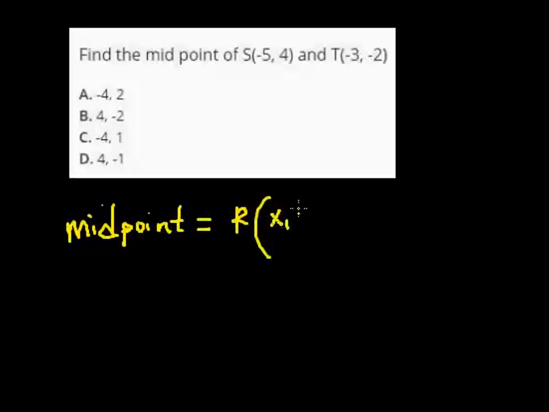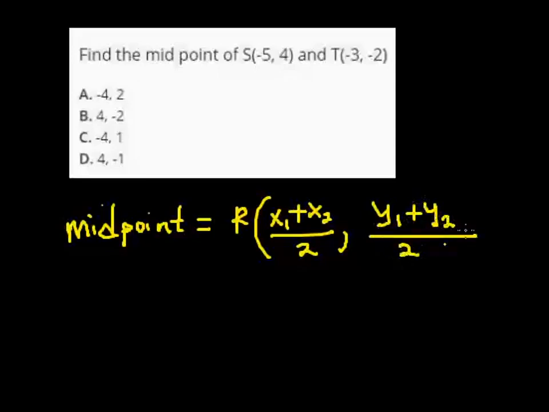It's always x1 plus x2 divided by 2 for the midpoint, then y1 plus y2 divided by 2. This is the coordinate of the midpoint. So let's go there.